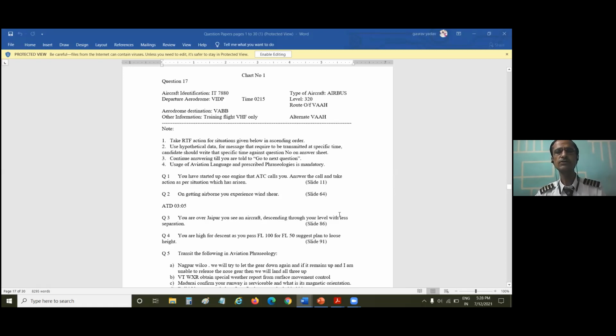So as per meteorology, wind shear is said to occur when two opposite air masses, that means opposite air masses, meet. Suppose one direction of wind is 090, the opposite direction for that is obviously 270. Opposite of 090 is 270.